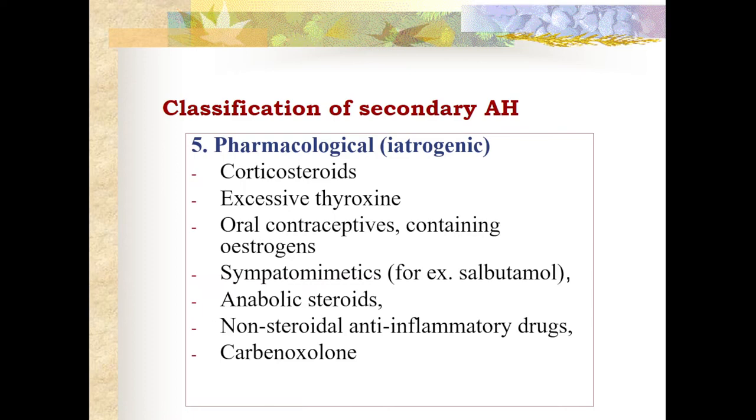Excessive thyroxine, oral contraceptives containing estrogens, sympathomimetics, which we are using in chronic obstructive pulmonary disease or in bronchial asthma. Anabolic steroids, the same, can cause secondary arterial hypertension.